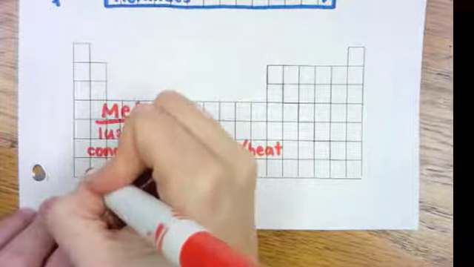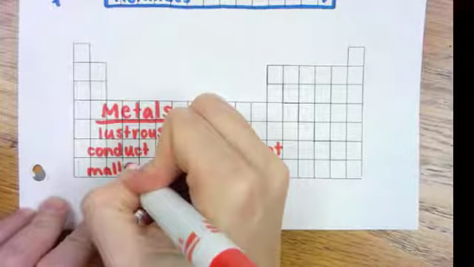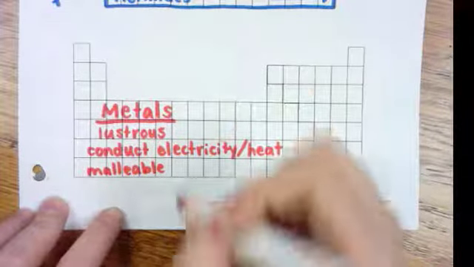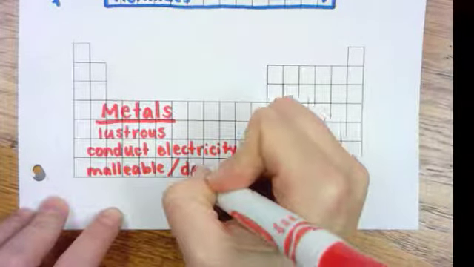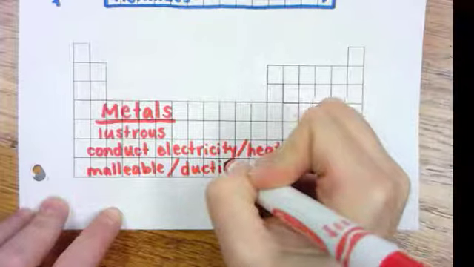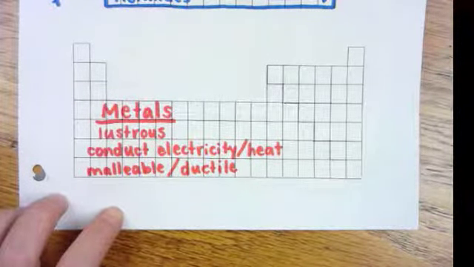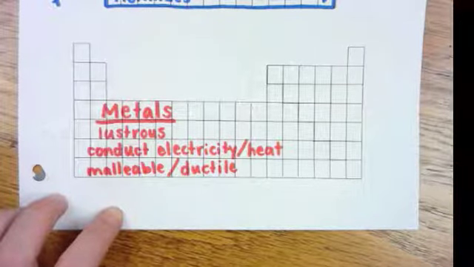And they are malleable, which means they can be flattened, and ductile, which means they can be stretched into a wire. The metals include everything to the left of the staircase except hydrogen.